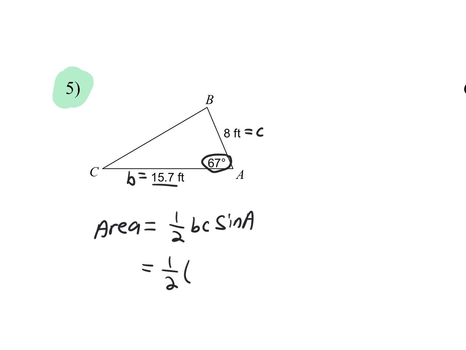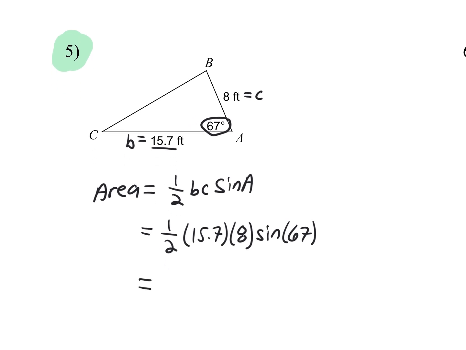It's going to be 1/2 times 15.7 times 8 times sine of our angle A. We plug all of that into our calculator, and then we should get 57.8. Give us the formula, okay? Yeah, I'm giving you guys that formula. All right, so those are the 2 area ones.